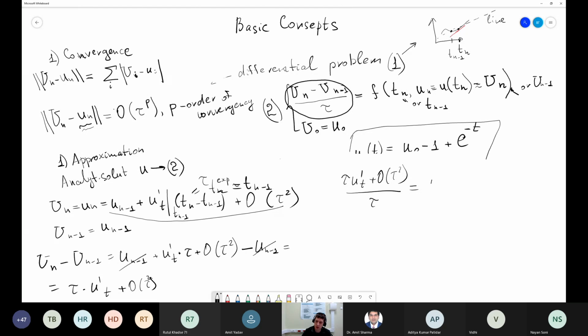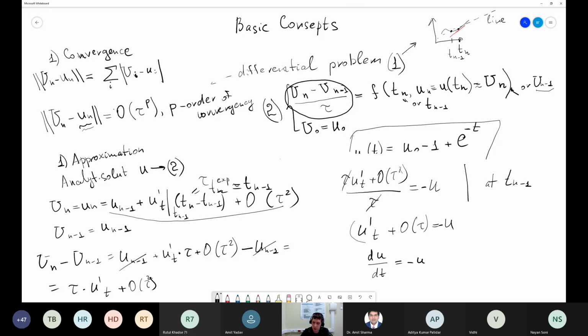equals, for this task that we discussed, the value of u at the point, for the explicit scheme we used u_{n-1}. So what we have, all of these values u and the first derivative of u at t_{n-1}, so we will have all terms at the same point, plus O of tau. And let's remember the initial differential problem: du over dt equals, it's my fault, we had here minus u initially.